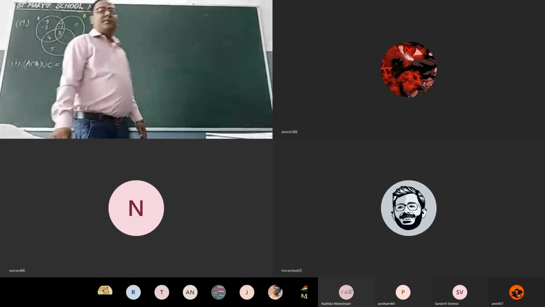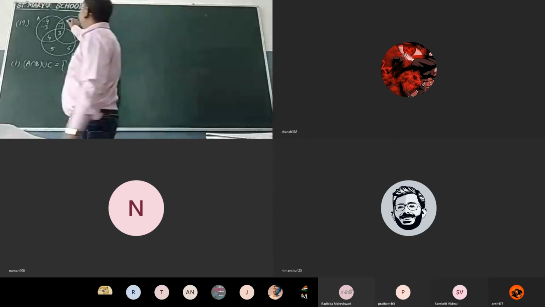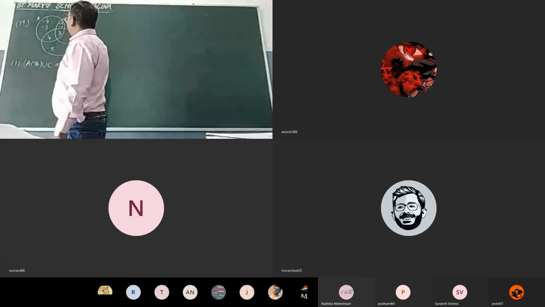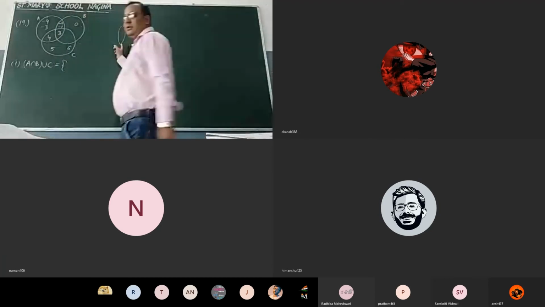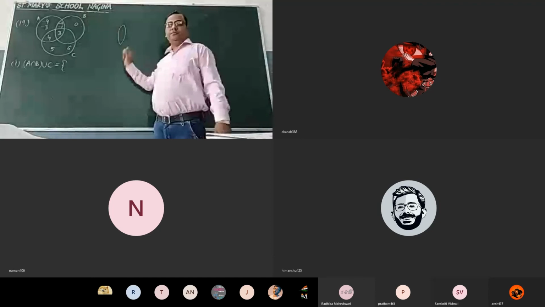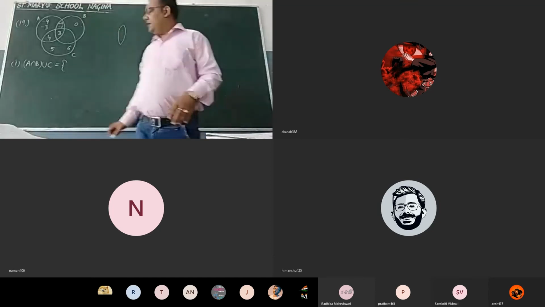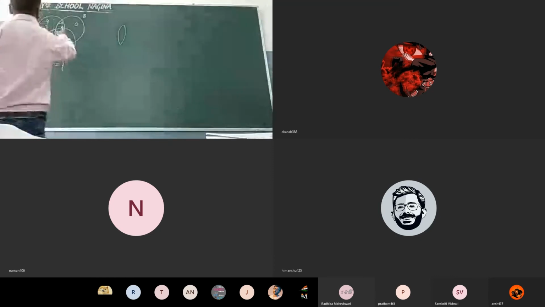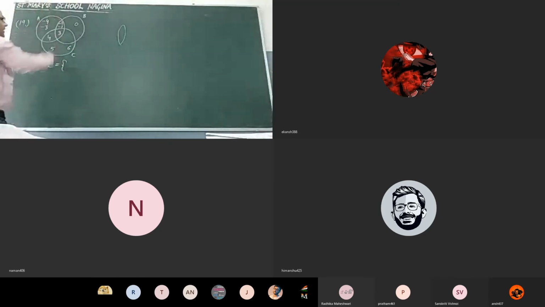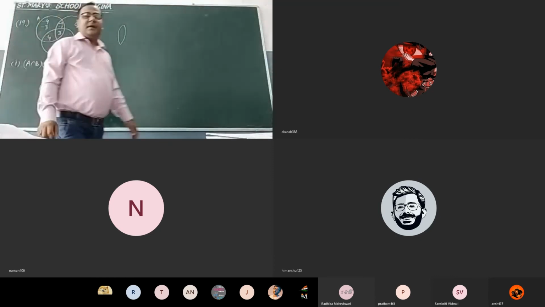A intersection B portion is this one. This portion you can see. Like this portion is made. This is the A intersection B portion, and it is union C. So you can see in A intersection B which elements are written, please tell.